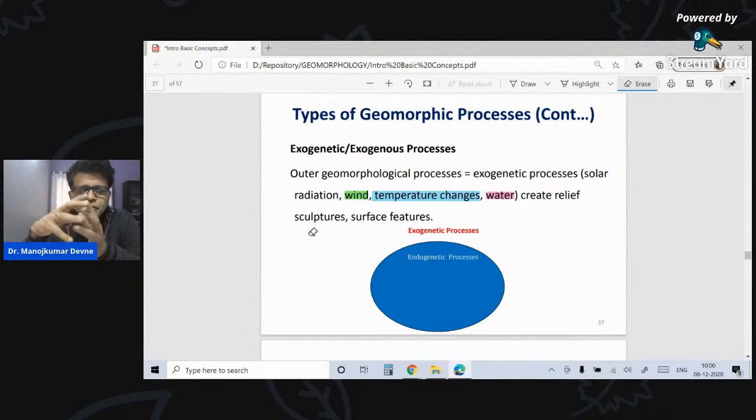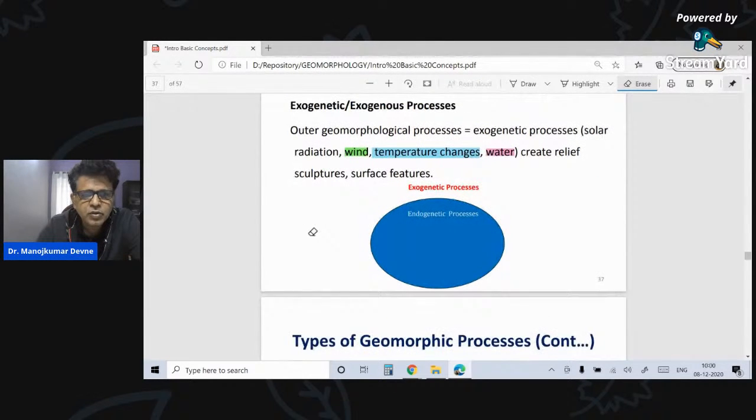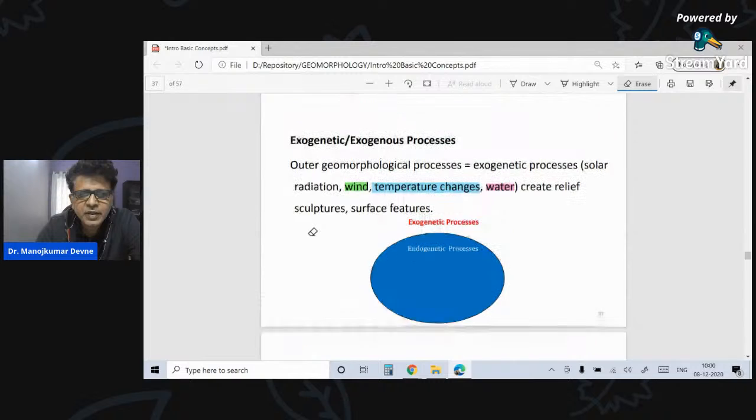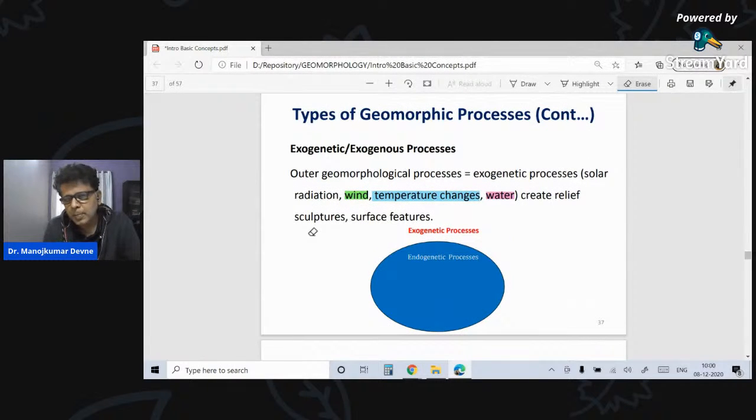It is solar radiation in combination with the atmosphere that is around us, which is important. So solar radiation hits the atmosphere, and it is the atmosphere which leads to temperature changes, water cycle, and wind activities as such. So that's an important aspect that you have to remember, that it's solar radiation in combination with the atmosphere, and that is why you always find those Venn diagrams, okay, wherein you have the hydrosphere, the lithosphere, and the atmosphere fixed into each other.